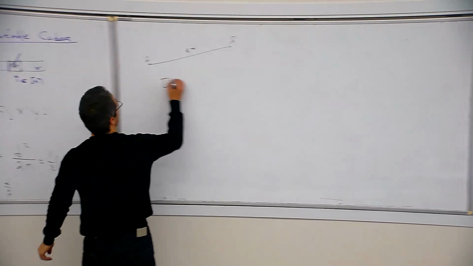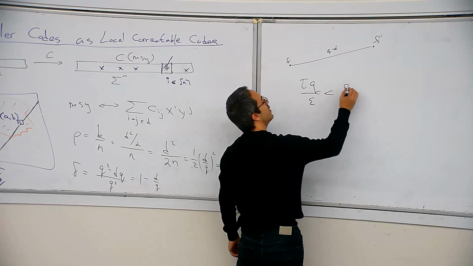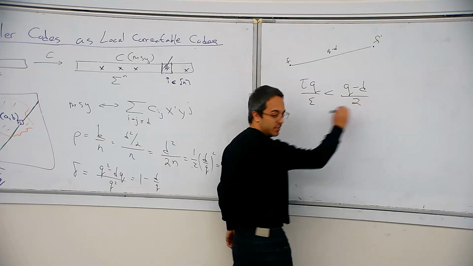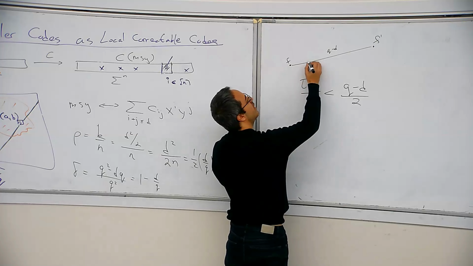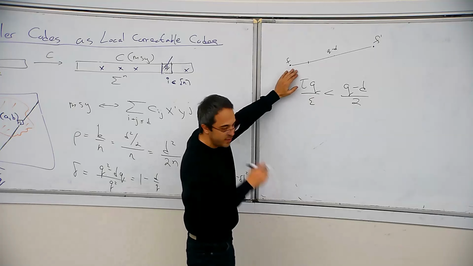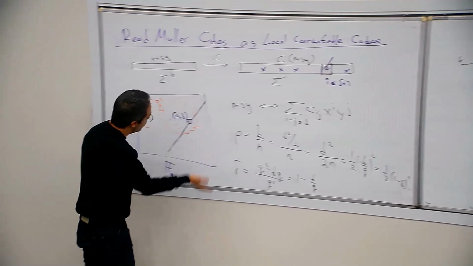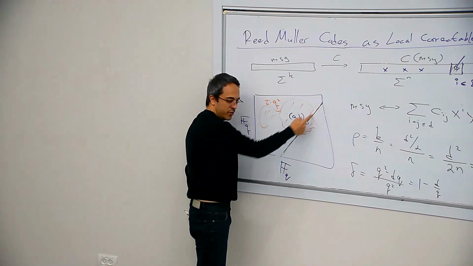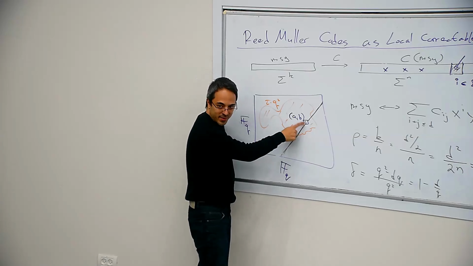So if tau Q over epsilon is sufficiently small, smaller than Q minus D over 2, then information theoretically you will be able to recover not the entire polynomial, because you didn't read it, but the polynomial here. And then you can get this point.